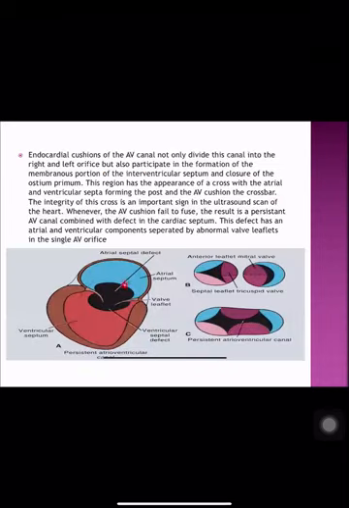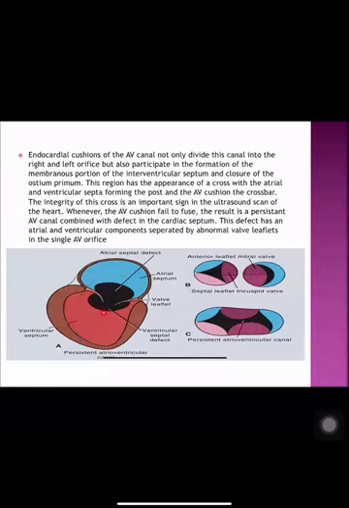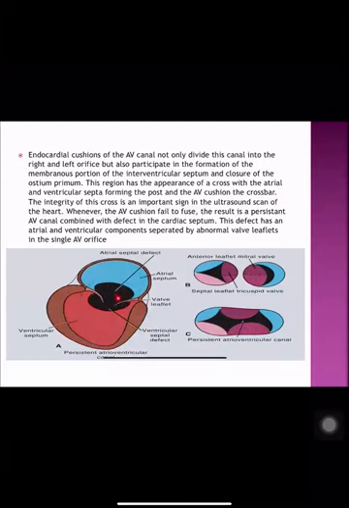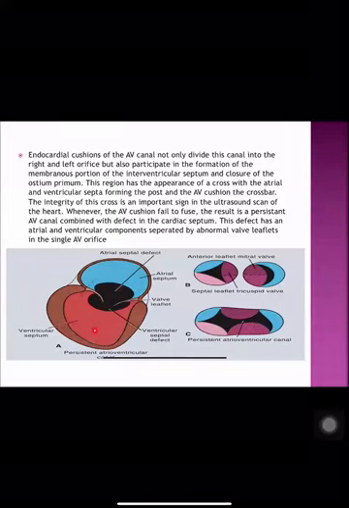Now, as we said, the endocardial cushions will not only cause the division of the AV canal into the right and the left side, but also these cushions will participate in the formation of the membranous portion of the ventricular septum and in the closure of the ostium primum. So normally, this area should have a cross shape that will be formed by the atrial and the ventricular septum and the AV cushions.